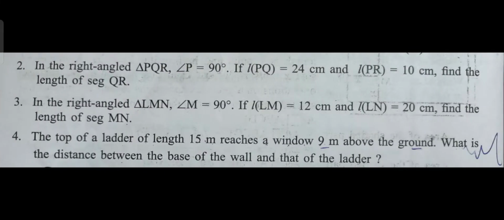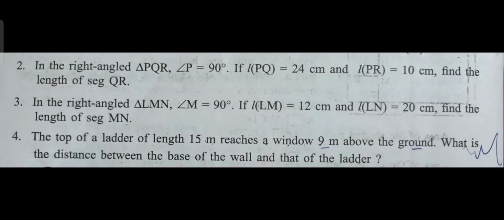Now these three questions are the revision part for you all. You are supposed to solve these three questions in your maths notebook as a revision part. In the first question, that is question number 2, in the right angle triangle PQR, angle P is equal to 90 degree. If length of PQ is equal to 24 centimeter and length of PR is equal to 10 centimeter, find the length of segment QR.